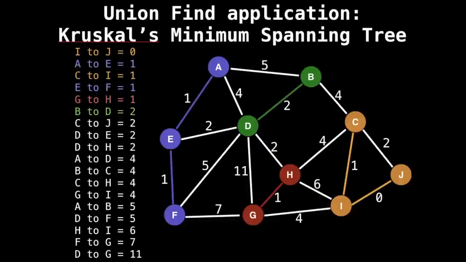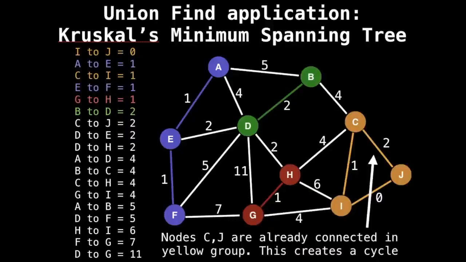Let's say group green. Alright, and now I believe this is when things start to get interesting. Now we're trying to connect C to J. But notice that C and J already both belong to group orange, so we don't want to include that edge because it's going to create a cycle, so ignore it.